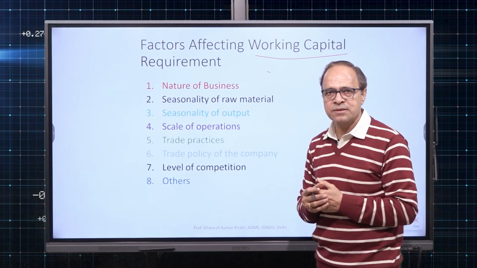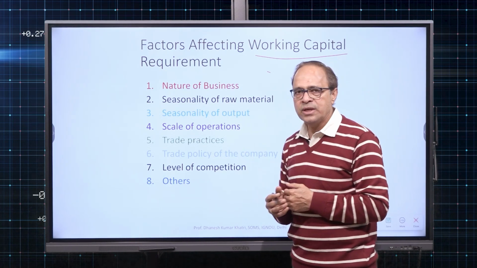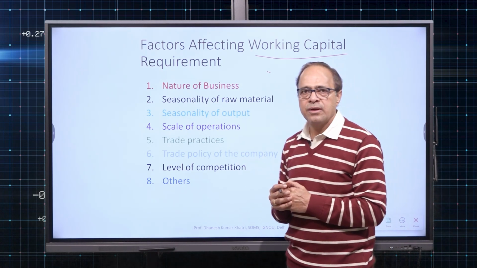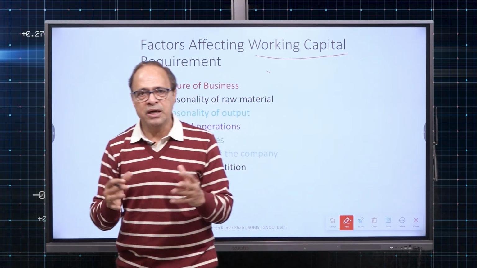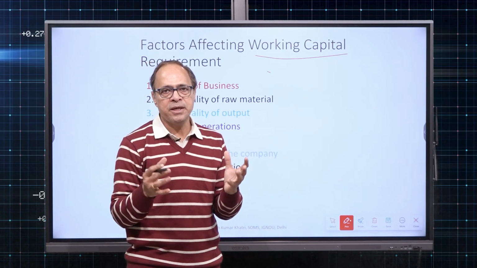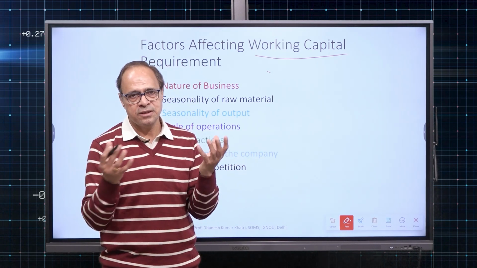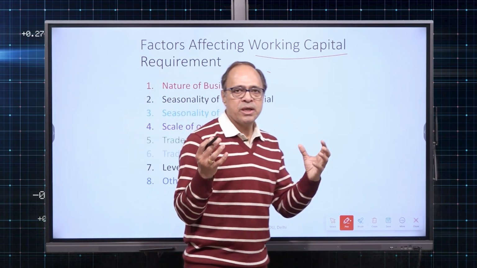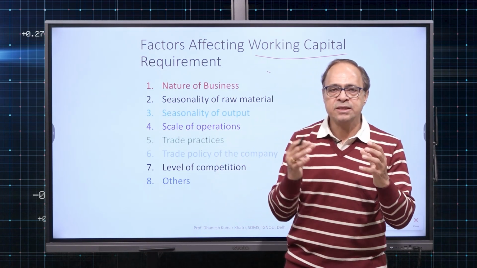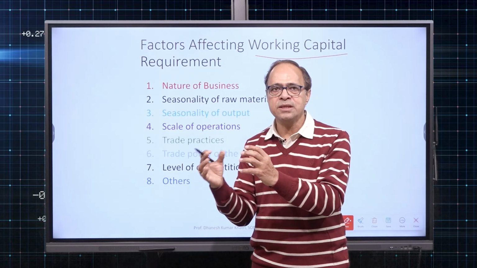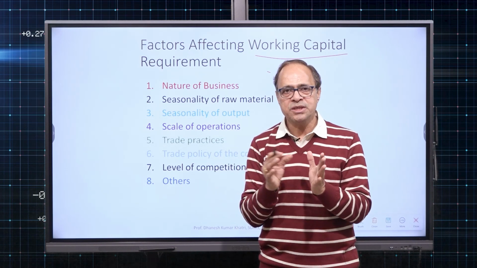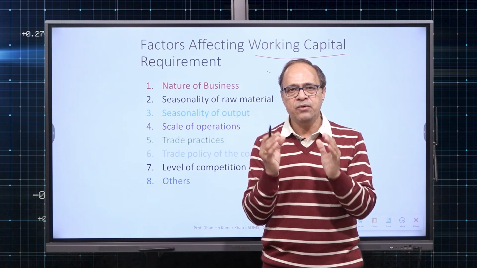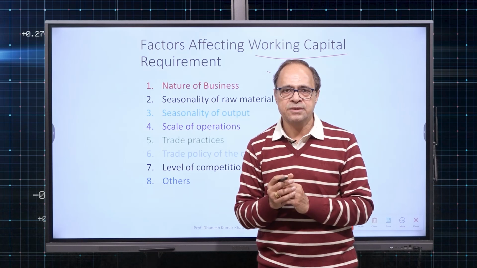seasonality of raw material, which I have discussed. Again, nature wise, what is your nature of business? Are you operating in multiple businesses or multiple products? If you are operating in multiple products, yes, more inventory is required. If you are in a product which has a higher gestation period, a higher production period, that means the processing time is very long, then heavy investment will be there in inventory and in ancillaries.